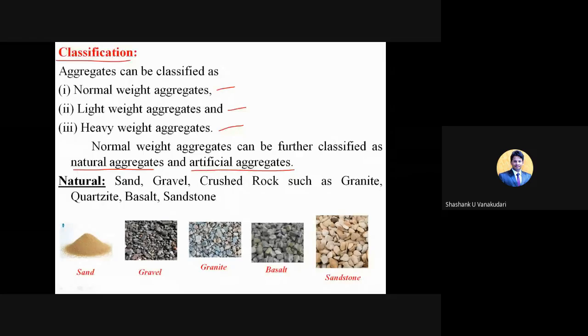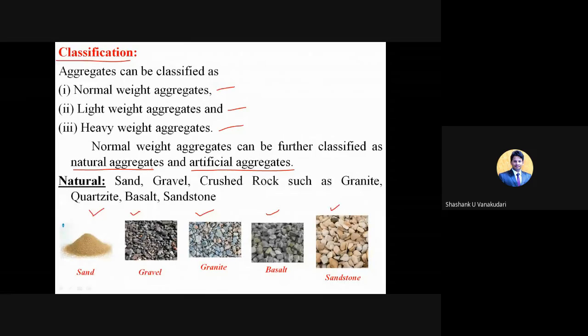Natural aggregates are nothing but what is available naturally, so no additional work is required to make it an available material, which is basically available in nature, like sand, gravel, granite, basalt, as well as sandstone. These are all available on the earth naturally.